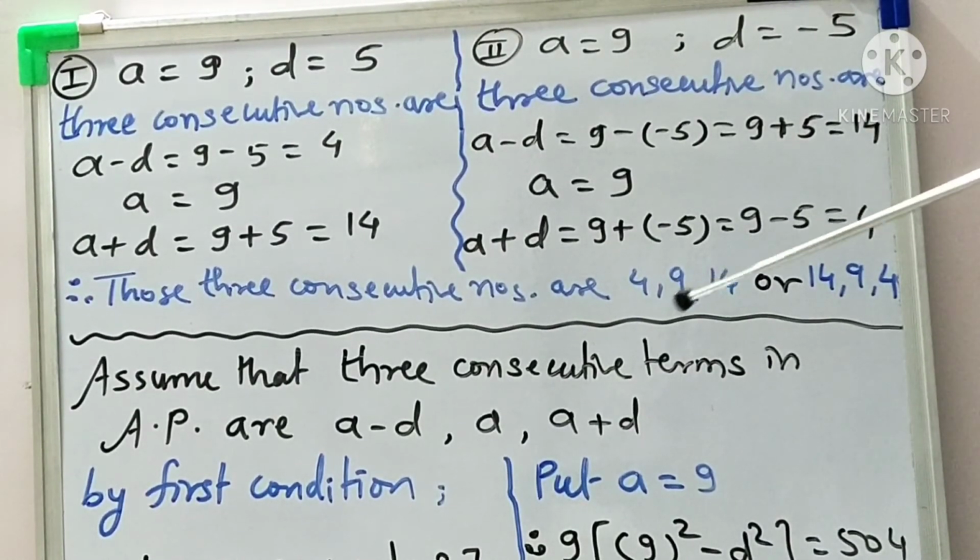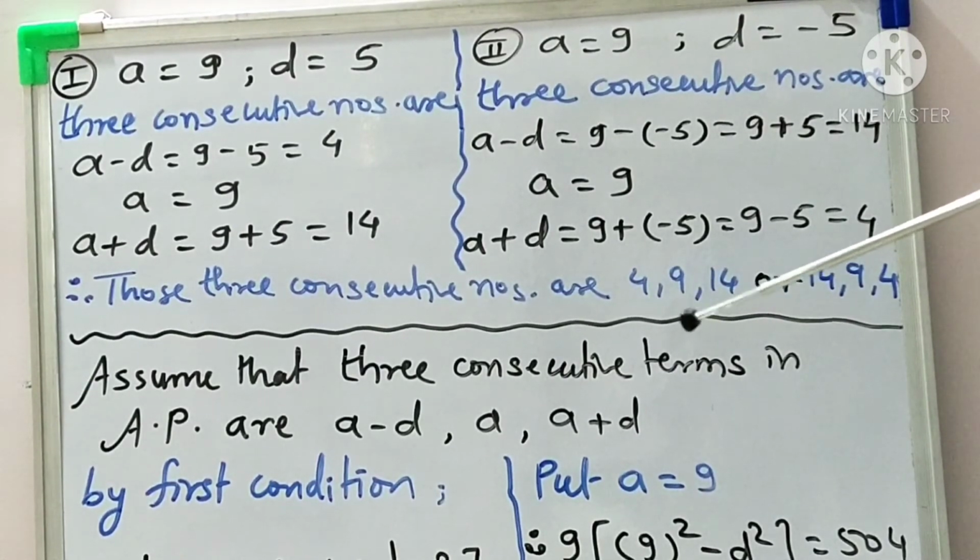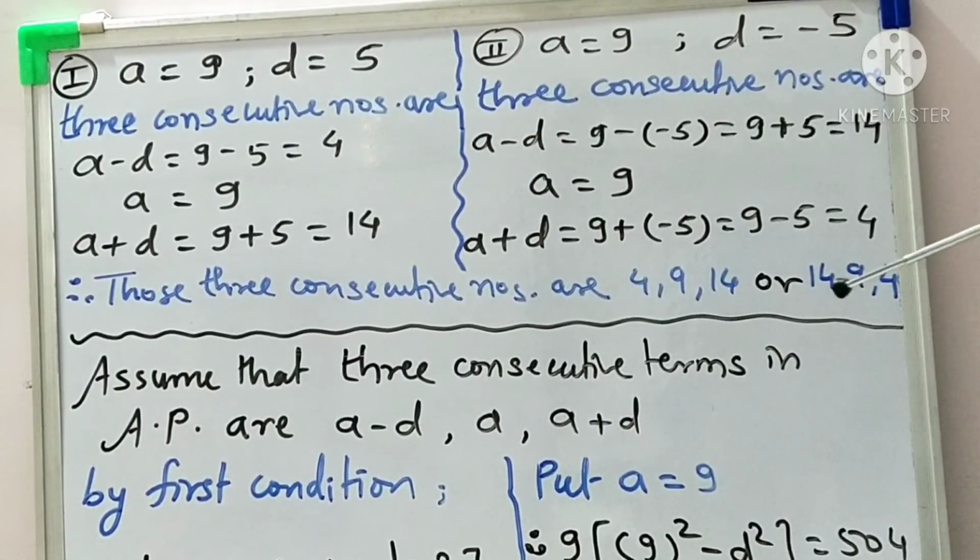Hence here we are getting two possibilities, that three consecutive numbers are 4, 9, 14 or 14, 9, 4, the reverse of the first numbers.